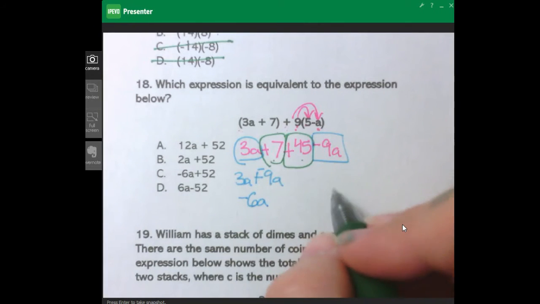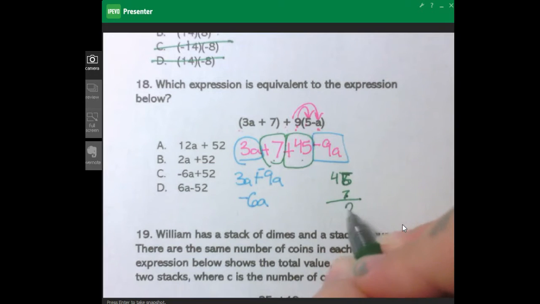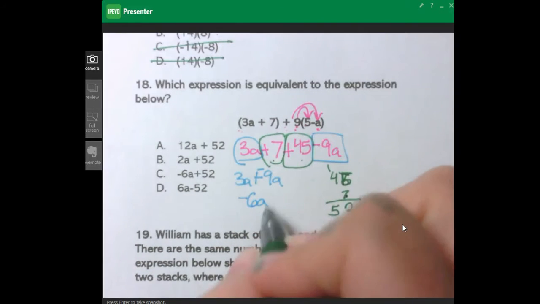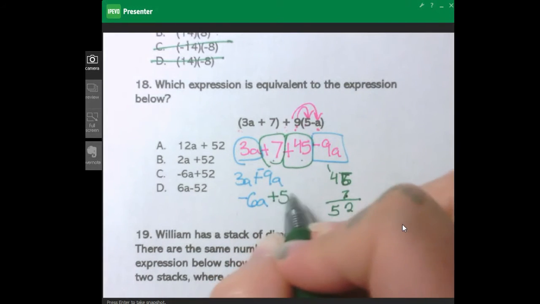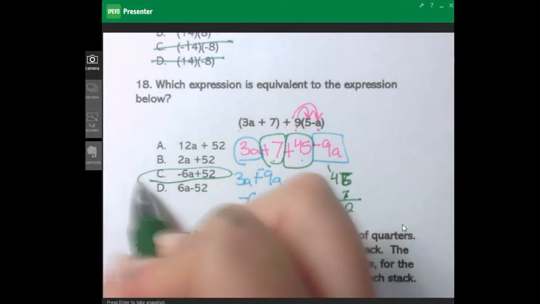These are both positive. So 45 and 7. 5 plus 7 is 12. Carry the 1 is 52. So we have negative 6a plus 52, which here is C.